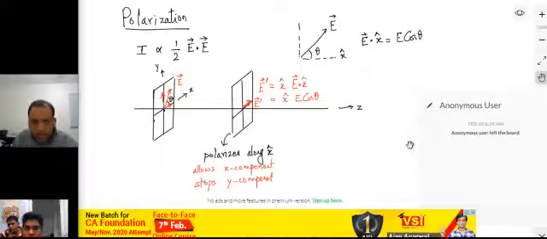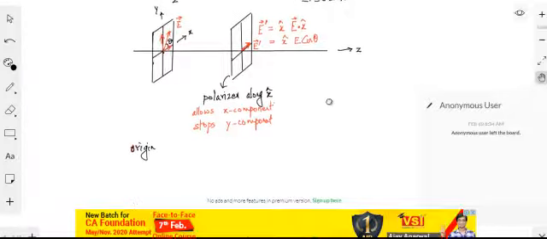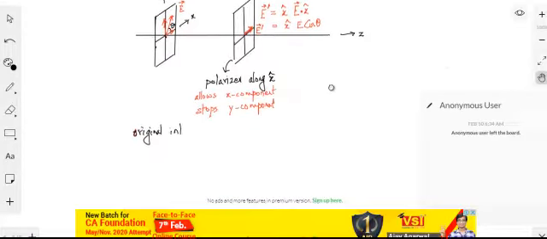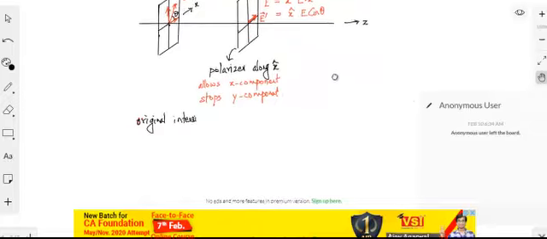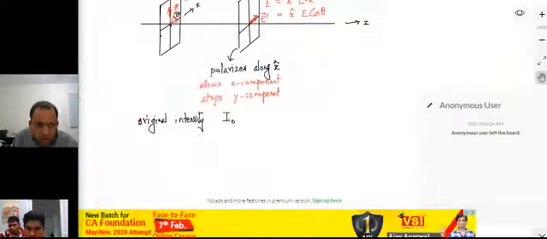Intensity, remember, so original intensity, let's call it I naught, is proportional to half E square, right?